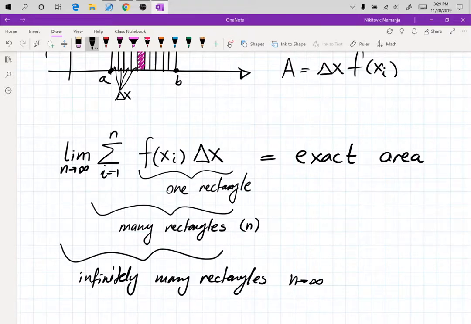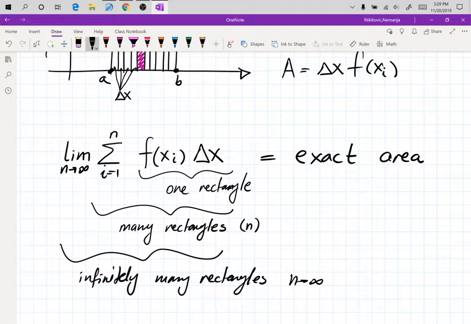So as you can see, it's built up. We didn't make this stuff up. You start with one rectangle, then you put a summation in to add many rectangles, and then you send that n, which used to be a finite number of rectangles, maybe 5, maybe 10, maybe 10,000, to infinity, making infinitely many rectangles.